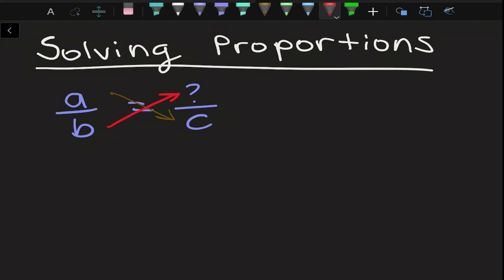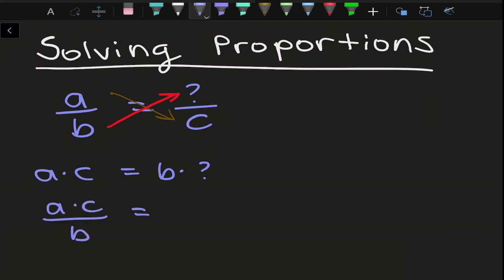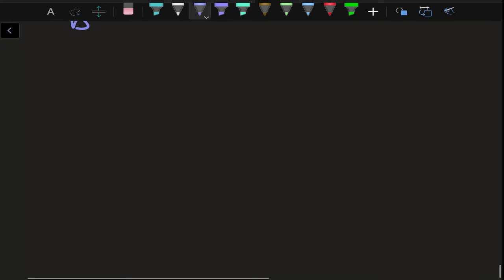Then we're going to divide by the value multiplying the question mark to find the unknown value. So this would be A times C is equal to B times question mark, and then A times C divided by B is equal to question mark. Simple as that.